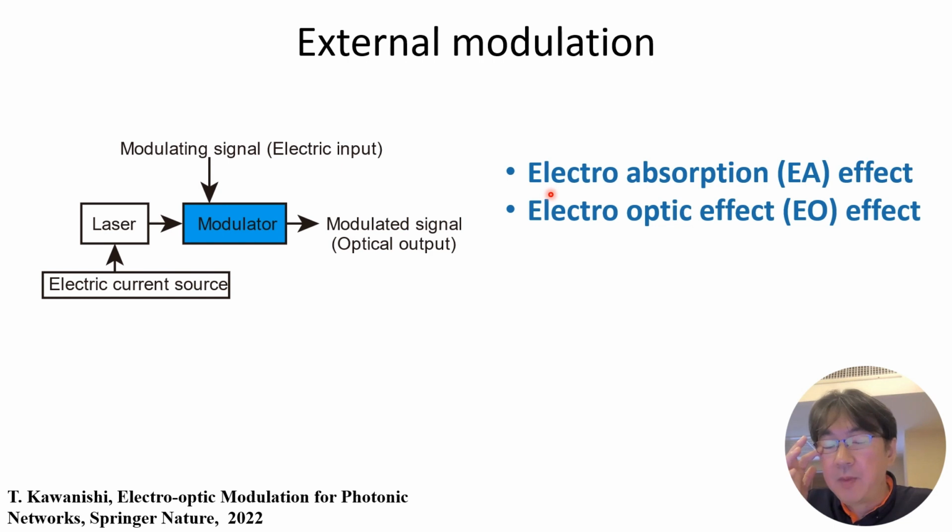By applying the voltage on the special material, we can change the absorption coefficient, so we can get the intensity modulation. Another one is an electro-optic effect, EO effect. As I mentioned in the introduction part, we can change the refractive index of the material. So we can shift the phase of the optical signal.